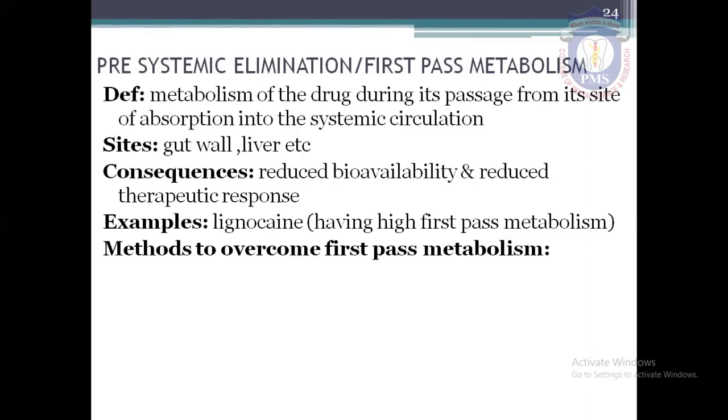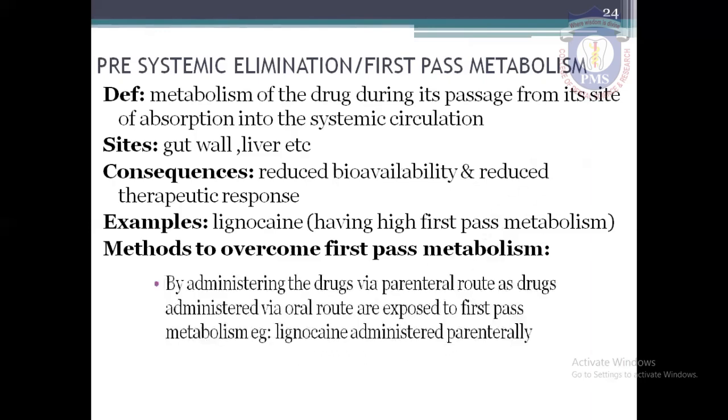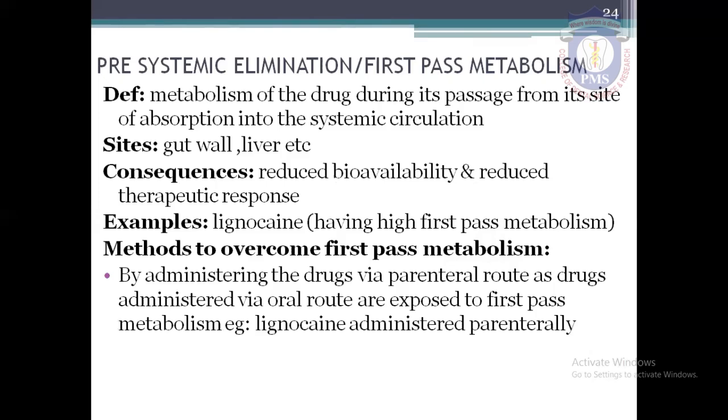What are the methods to overcome first pass metabolism? By administering the drug via the parenteral route. Compared to the oral route, there is maximum bioavailability with the parenteral route because there is minimal first pass metabolism.